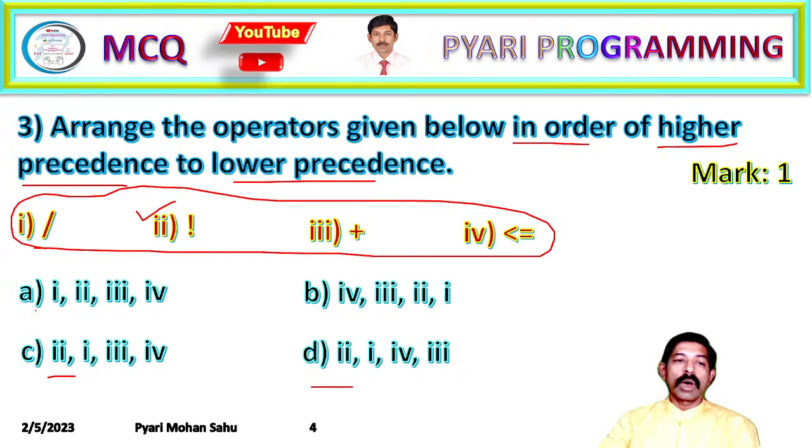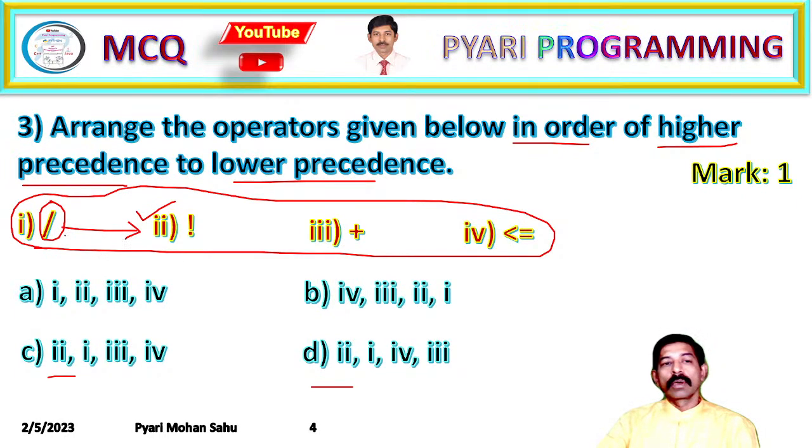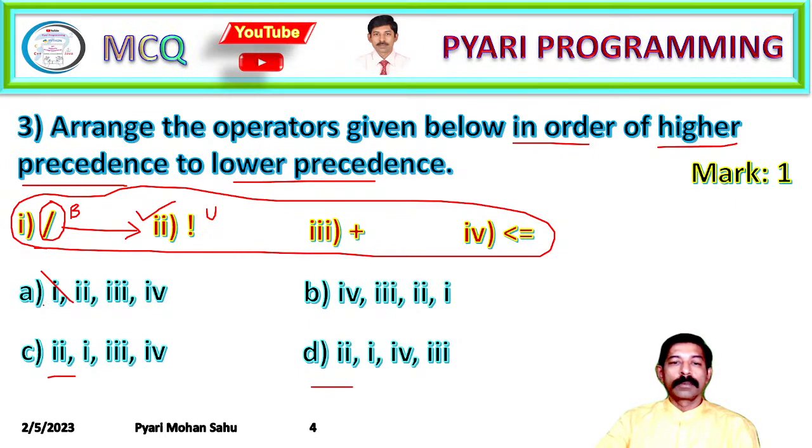So these two are excluded because it is saying 1. 1 is your division, but when I compare it with the unary operator, no. This is a binary operator and this is a unary operator. Now unary operator has precedence, so this option is not possible.